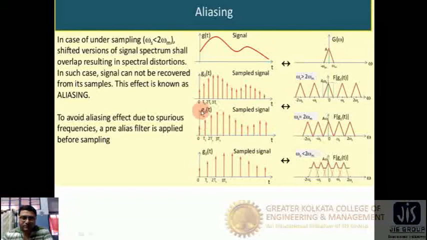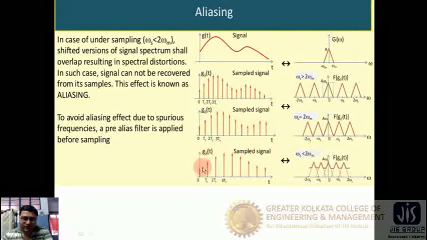This is the first case. In the second case, the sampling frequency is equal to the Nyquist criterion, that means equal to twice the maximum frequency present in this signal. In this case, we also get a moderate resolution of the signal.